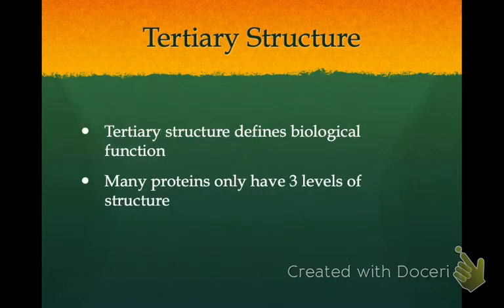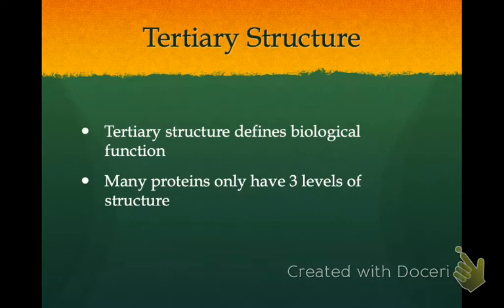Now some proteins will stop here at the tertiary structure and they will be done forming into their protein. Once it gets to the tertiary structure, it's starting to define its biological function. And what's important with proteins, and we talked about this with sickle cell, that particular genetic disease, is because the protein chain is not formed correctly.